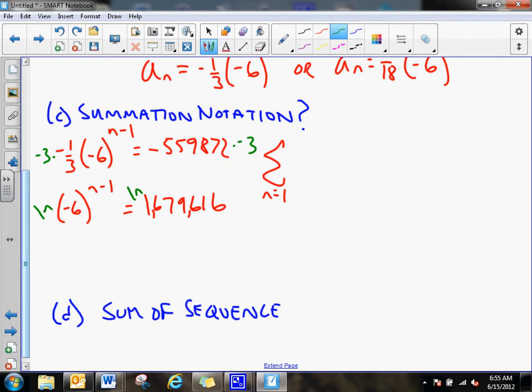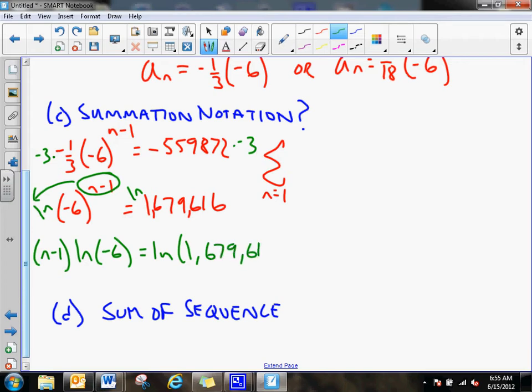And when I do that, I can bring this exponent down front. So we're going to have n minus 1 times natural log of negative 6 equals natural log of 1,679,616. So to solve for n, I'm going to divide by natural log of negative 6. And then I'm going to add 1 to it to solve for n.